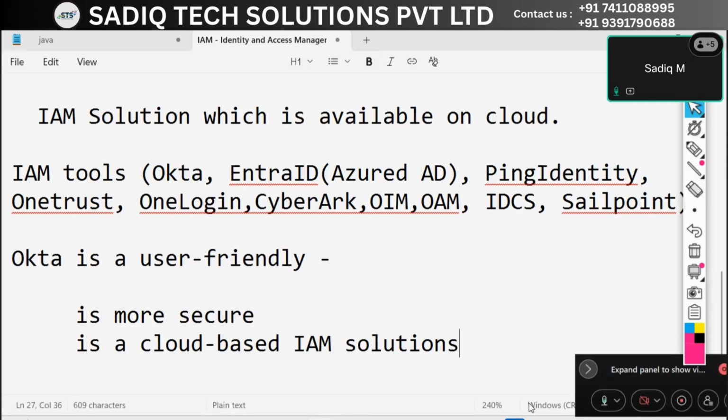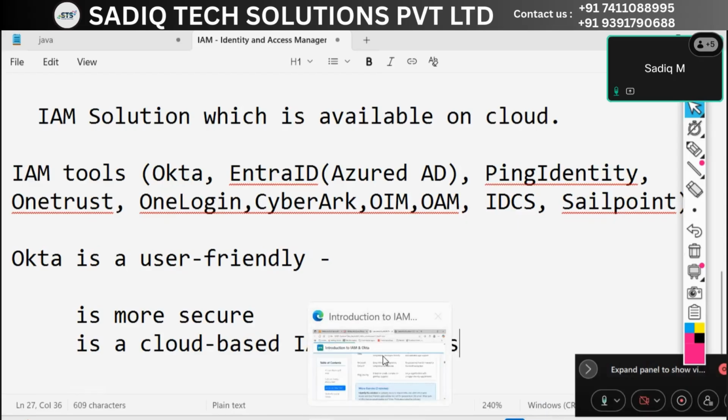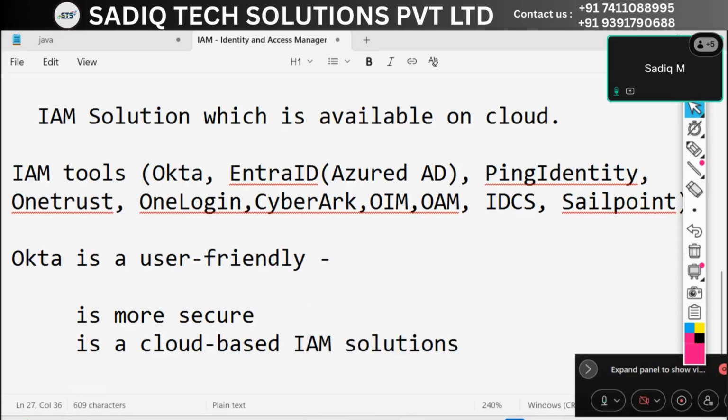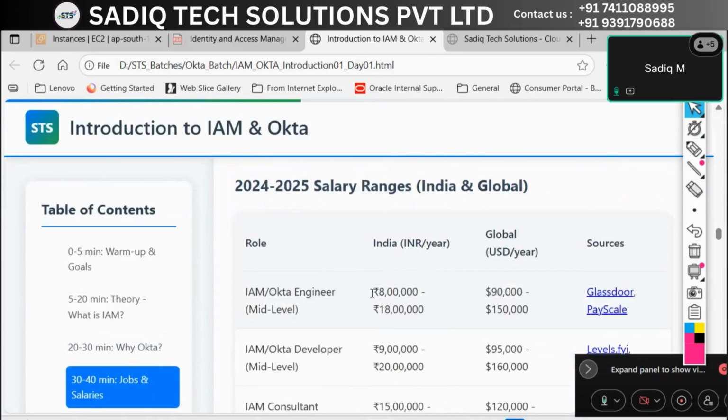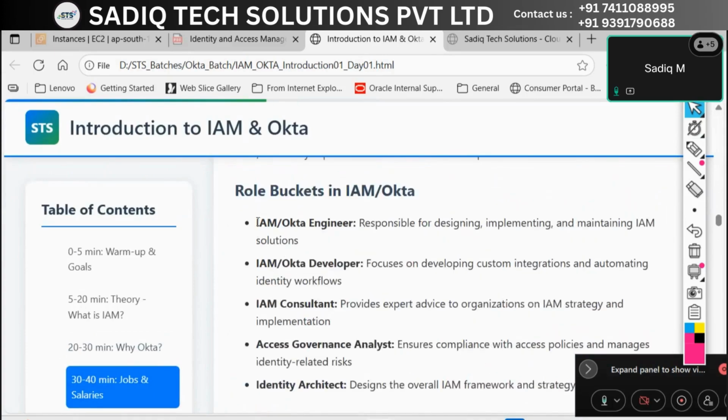So, what kind of roles that we will get once we done the course? Let's talk about that also, right? So, in IAM, we have different roles actually. The most common role is IAM engineer. What he does, he is responsible for designing, implementing, and maintaining IAM solutions.